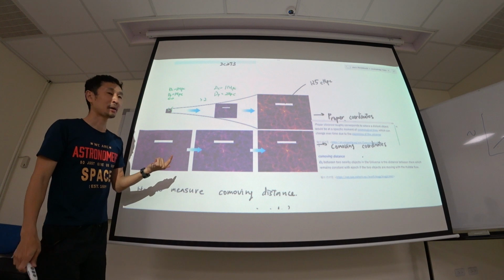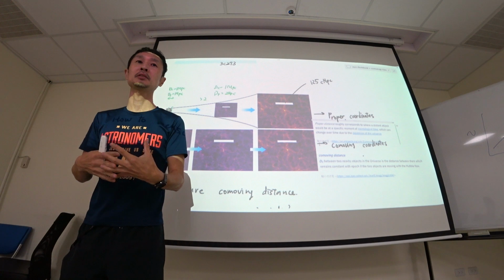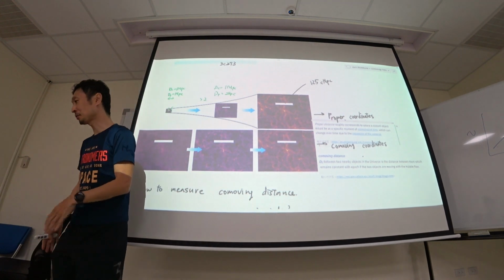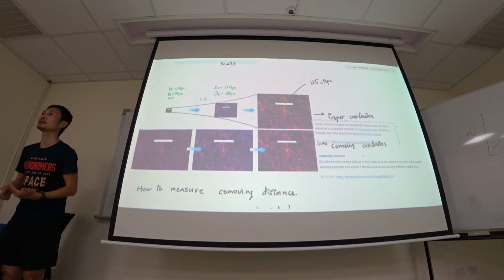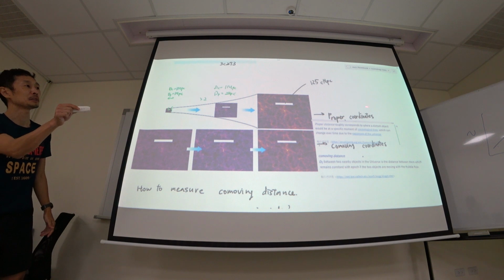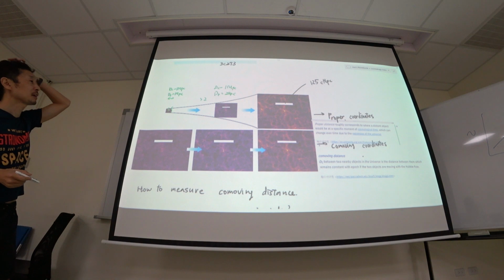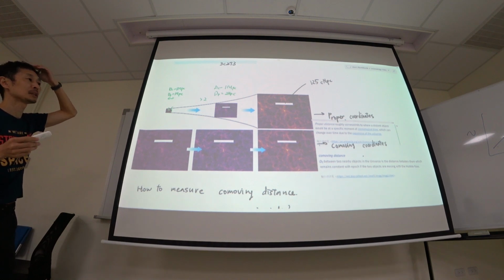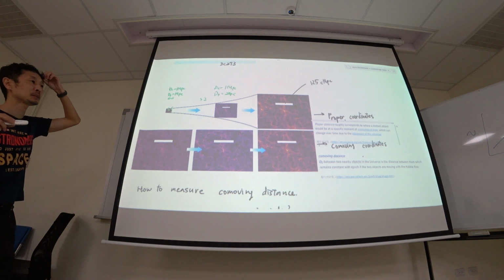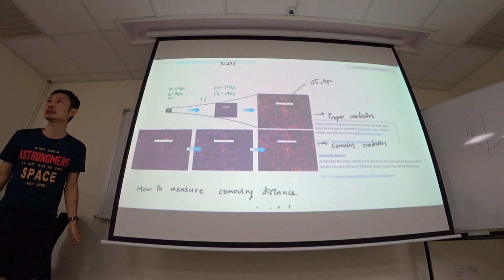Proper coordinates are our usual way to measure distances. It doesn't matter if it's the expansion of the universe or me moving, it's just measured: if Andy and I are 2 meters apart, it's 2 meters. That's using our units, physical coordinates. But in the expanding universe, that's inconvenient, so we often use co-moving coordinates.